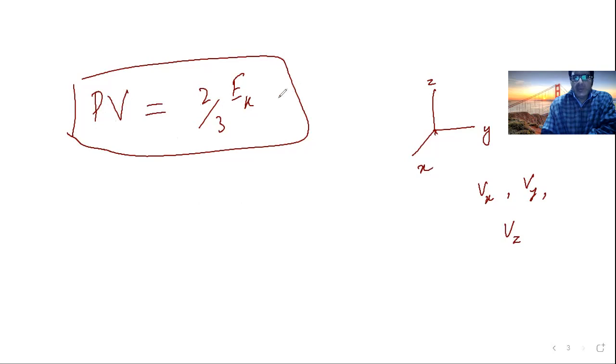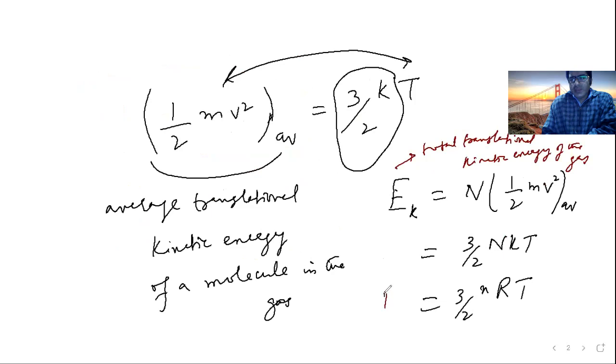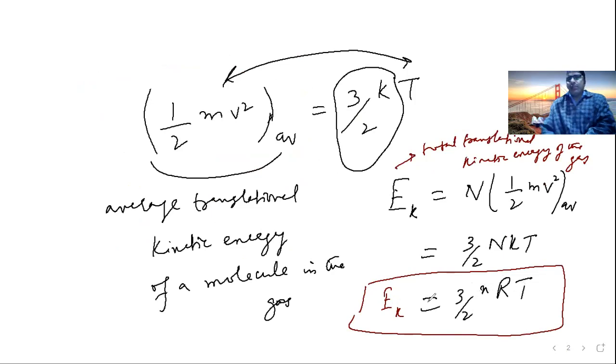PV is nRT also. So if I combine these two, I can write total translational kinetic energy of an ideal gas is 3/2 nRT.